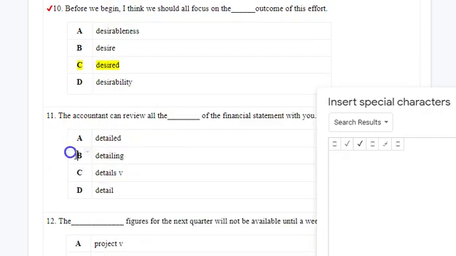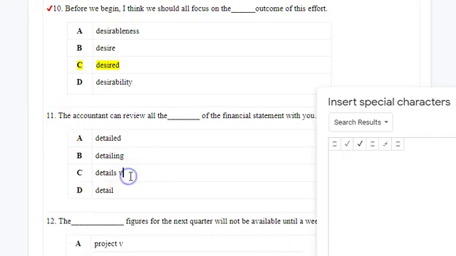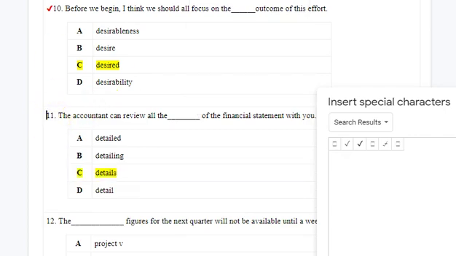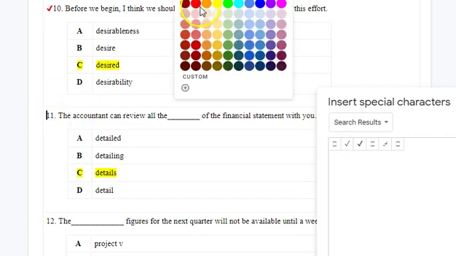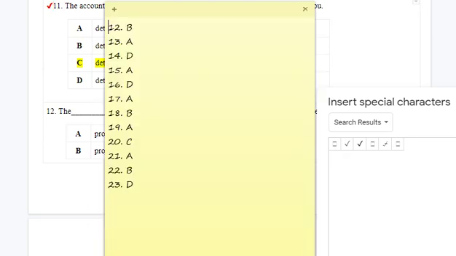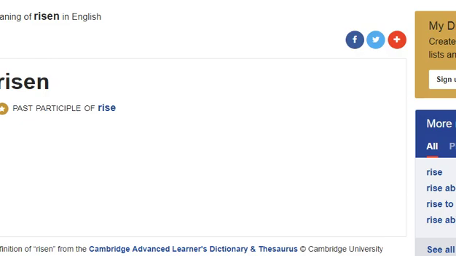The accountant can review all the details of the financial statement with you. Okay. Number 12, kindly read. The project figures for the next quarter will not be available until a week from tomorrow.